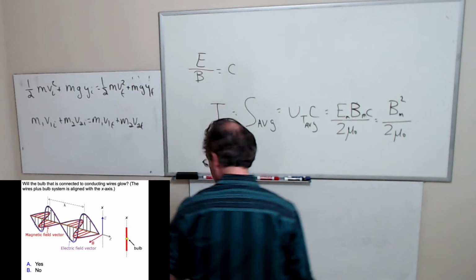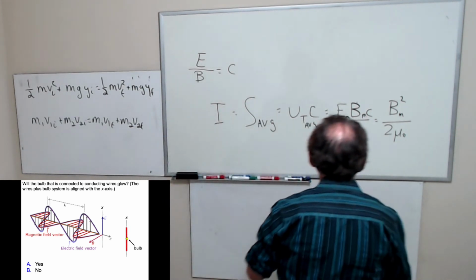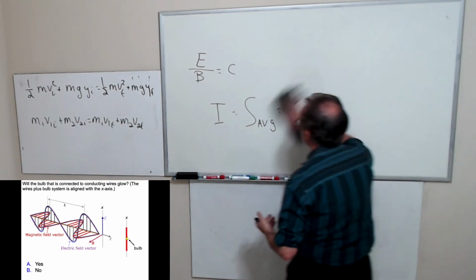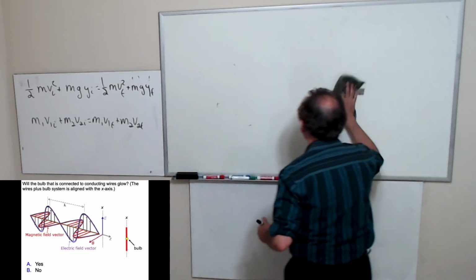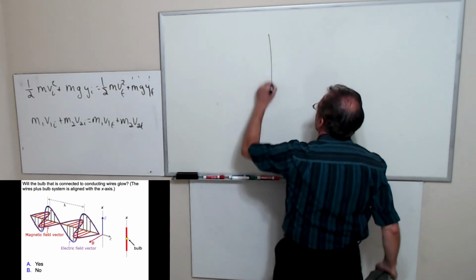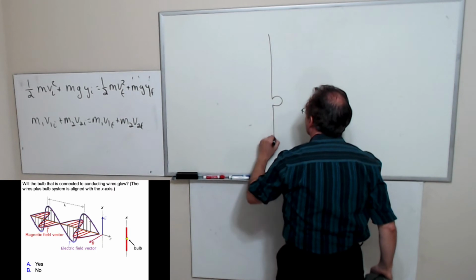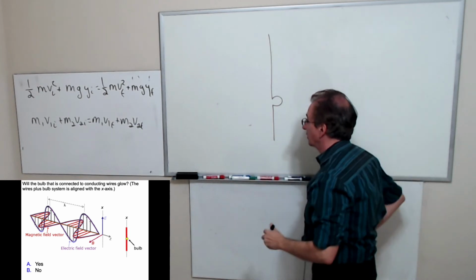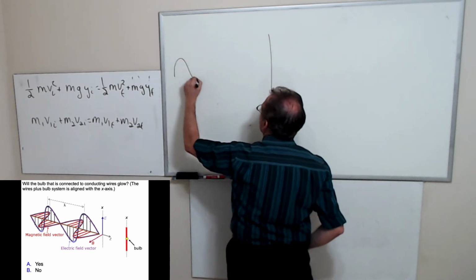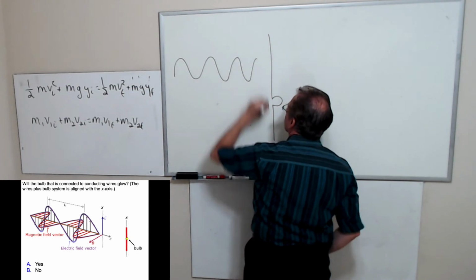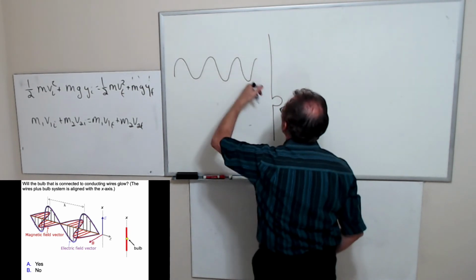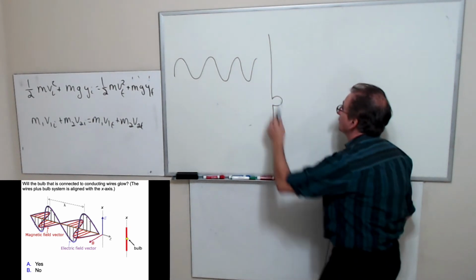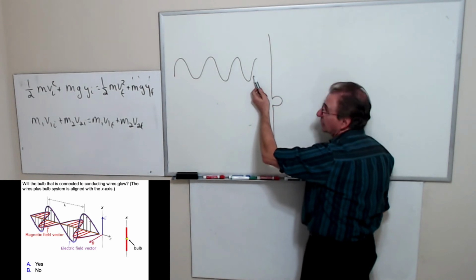Okay, I have a wire in the vertical position, because the wire has a lot of free electrons in there, right? Okay. Now let's say we have something here that completes the circuit, whatever. So we have an electromagnetic wave. The electric field oscillates this way, and we have a wire which has a bunch of free electrons in it. When the electrons in here interact with the electromagnetic field, what's going to happen?